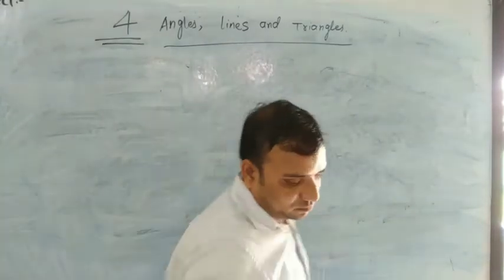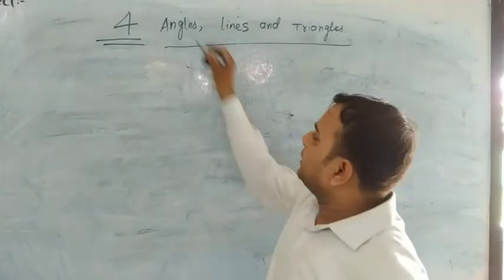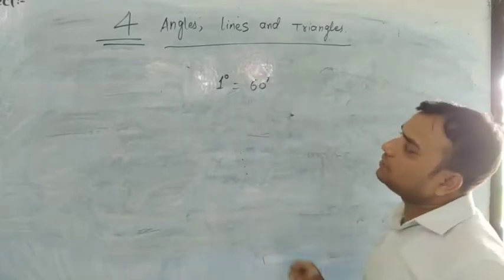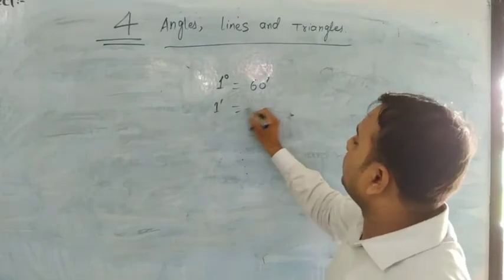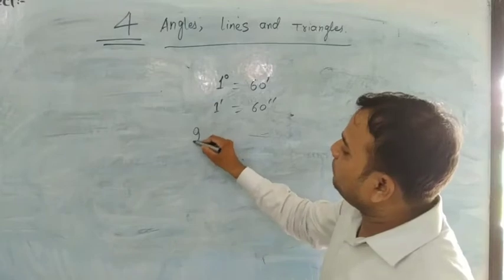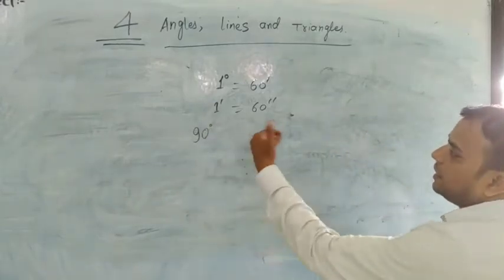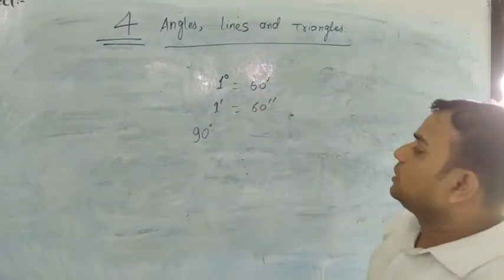Now dear student, we will discuss the next topic. 1 degree is equal to 60 minutes, denoted by this minutes sign, and 1 minute is equal to 60 seconds. So if we say 90 degrees, we can write it in minutes or seconds.